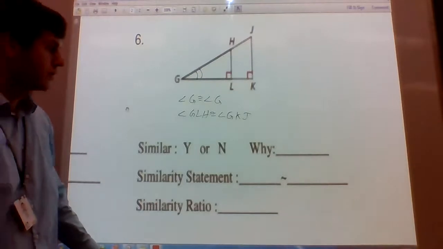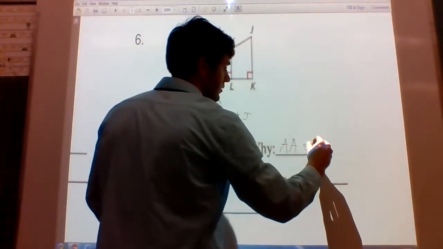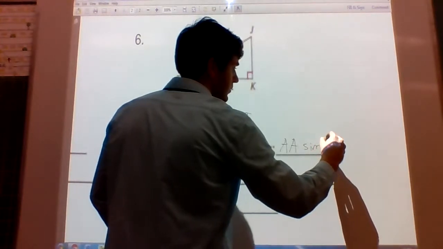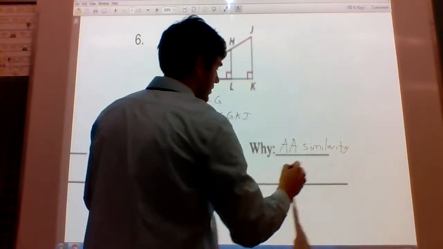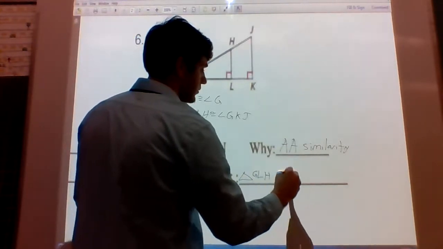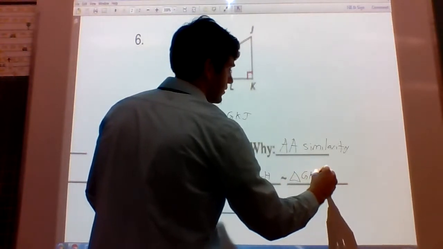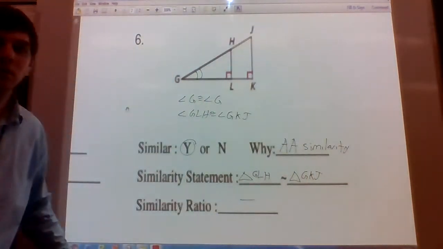So this is going to be yes by the angle similarity criterion. Then we're going to have triangle GLH is similar to triangle GKJ. And we don't know anything about the similarity ratio.